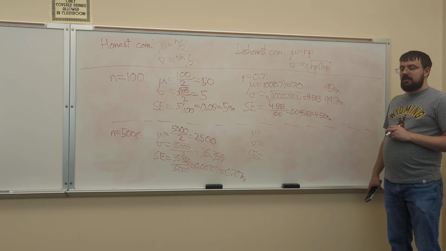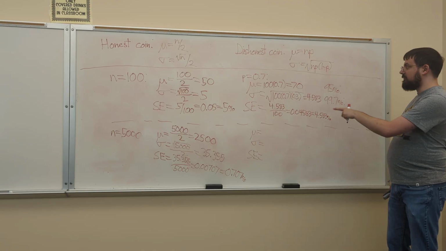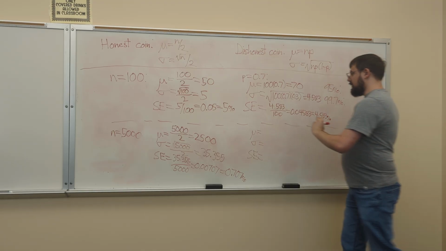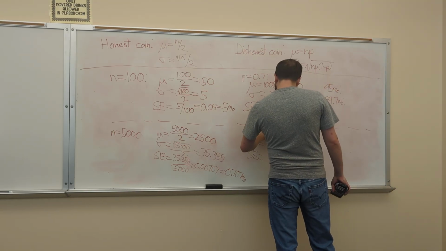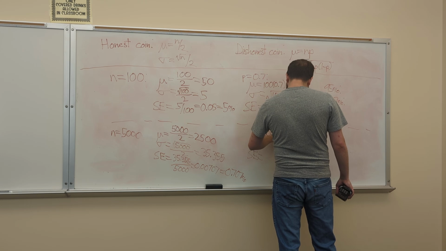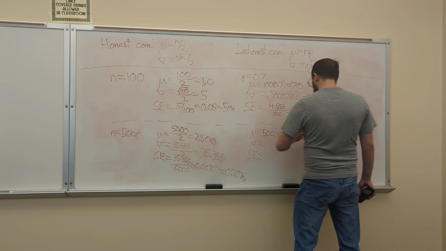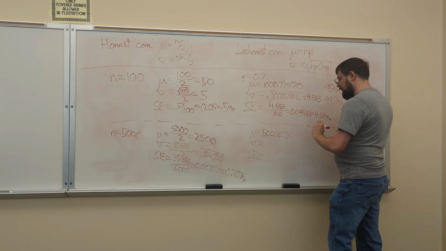Next, let's say that we increase our sample size to 5,000 again. So mu, we have 5,000 times 0.7, which gives us 3,500.